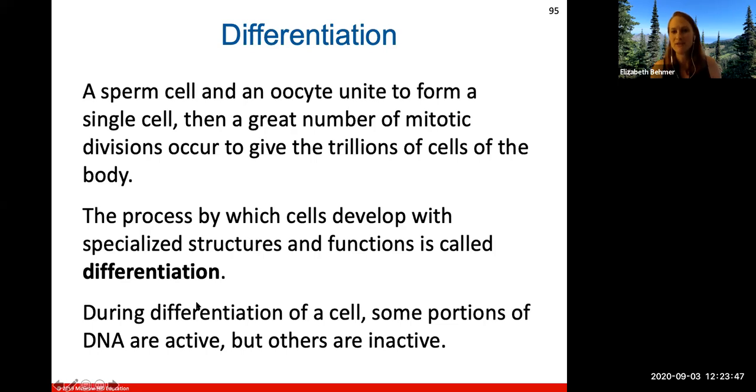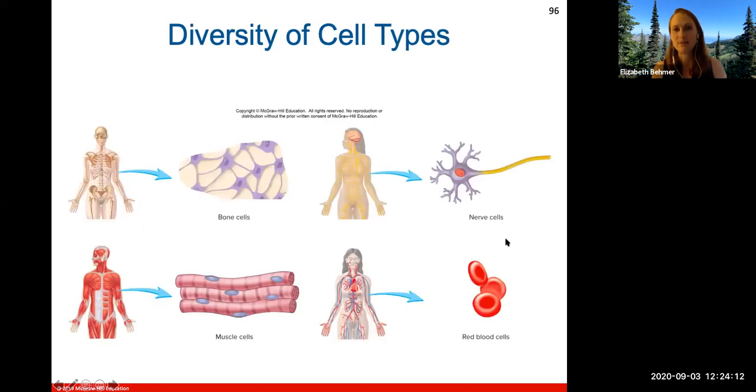The process of differentiation means that those cells will continue to form the specialized structures they need to do their function. During differentiation of a cell, some portions of DNA are active, but others will be inactive because DNA contains the set of proteins required for a function, so we'll only have the active portions that are needed specifically for that protein.